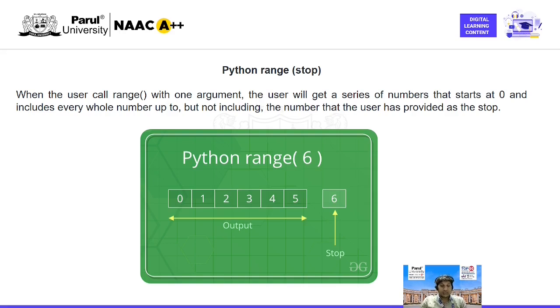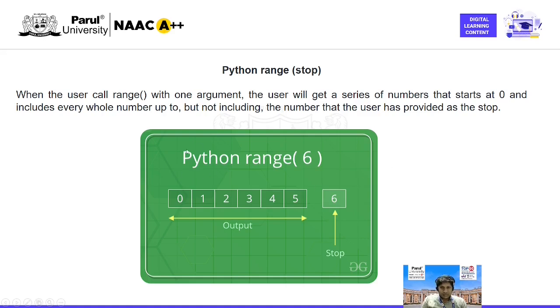But remember one thing, whatever stop value you provide is not included. Do you remember when we print a value from 1 to 10, the values are printed only from 1 to 9, not 10? It means the 10 is not included in the range. 10 is, you can say, out of range. So here the number that the user has provided as the stop is not included in the range.